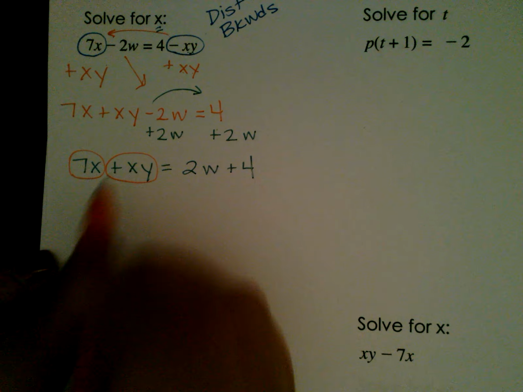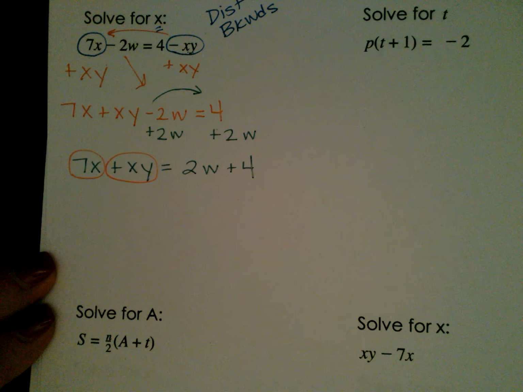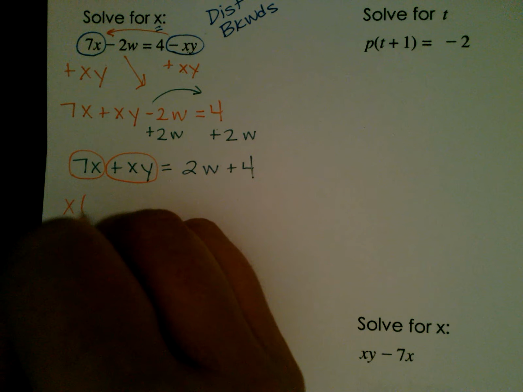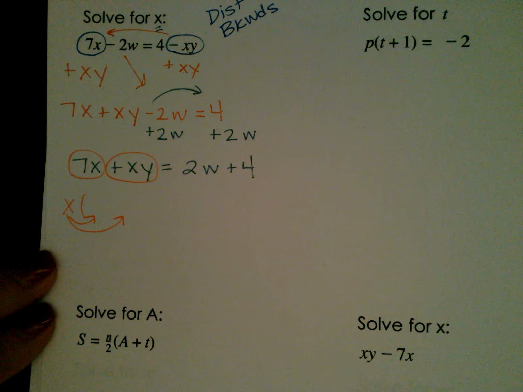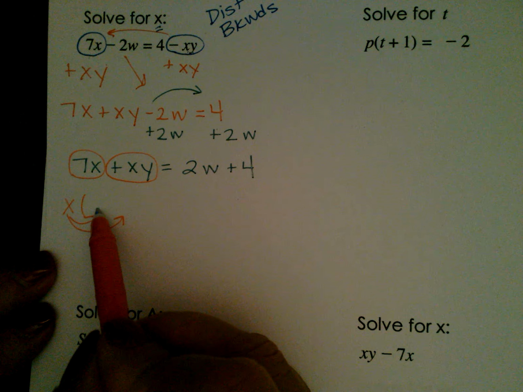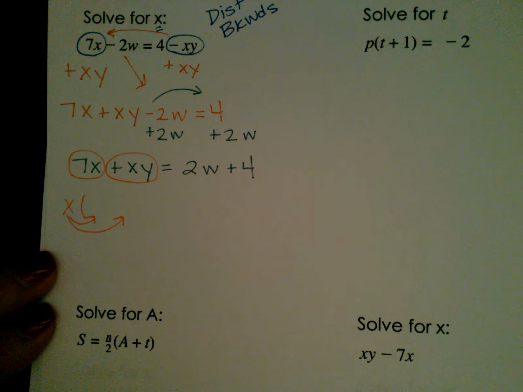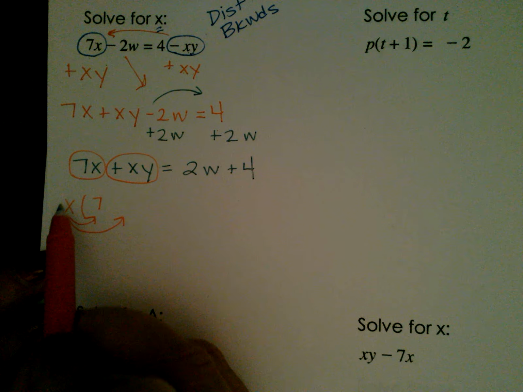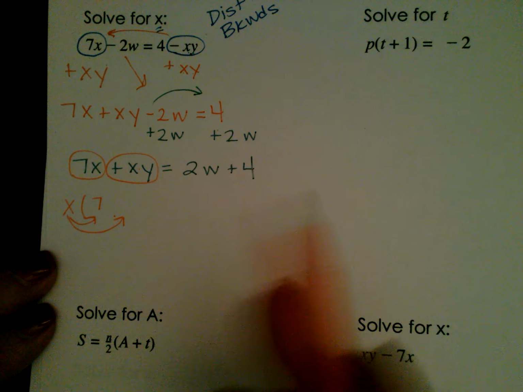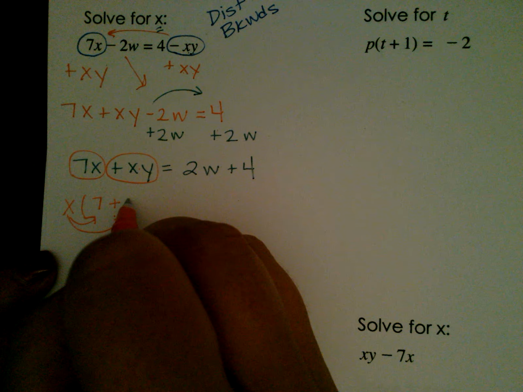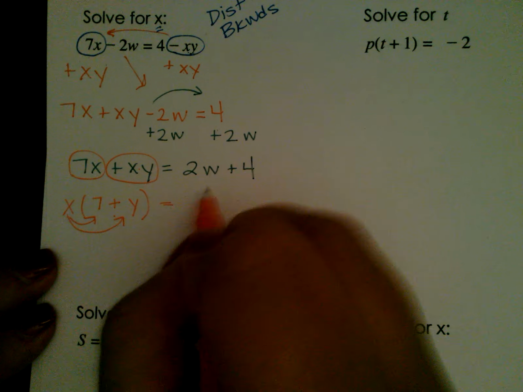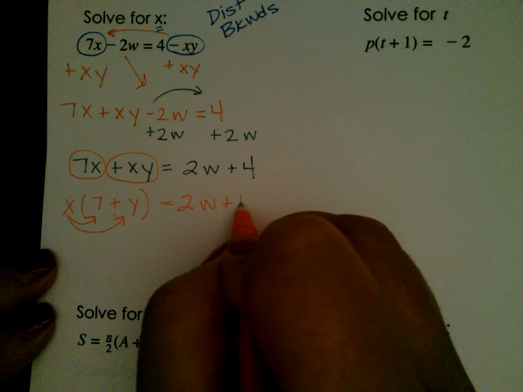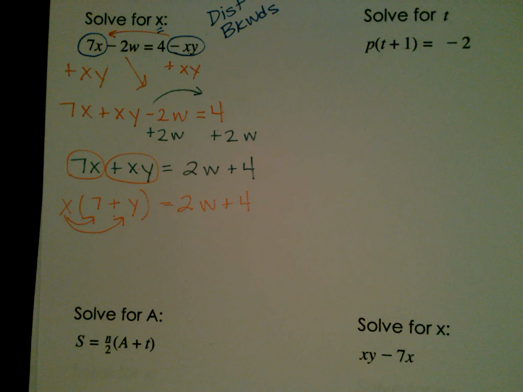They each have the variable I'm trying to isolate, so I will distribute backwards. I ask myself, x times what would get me back to 7x? 7. X times what would get me back to xy? Positive y. Copy down 2w plus 4.